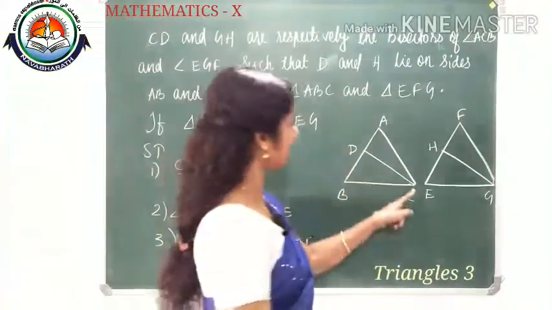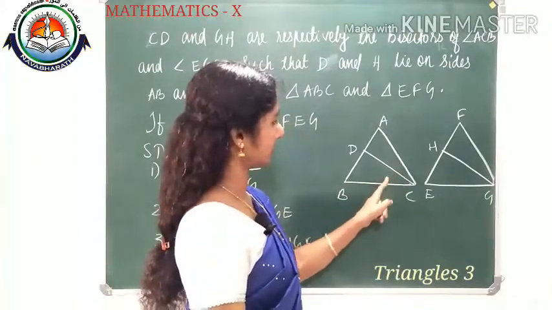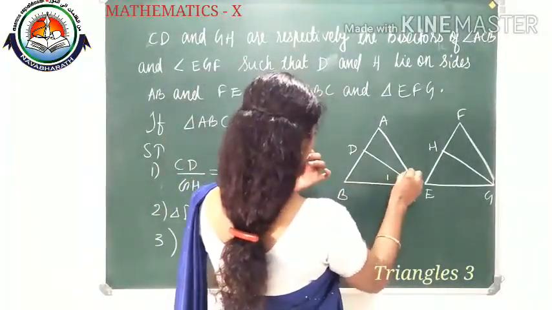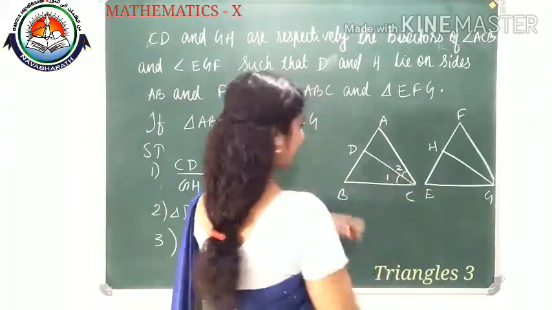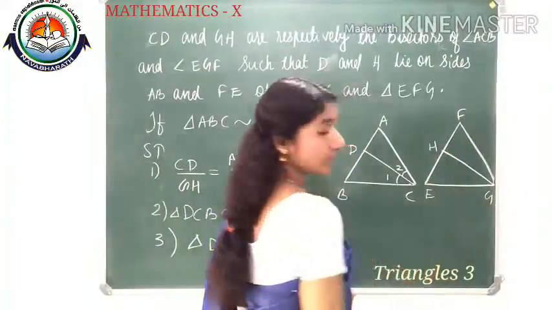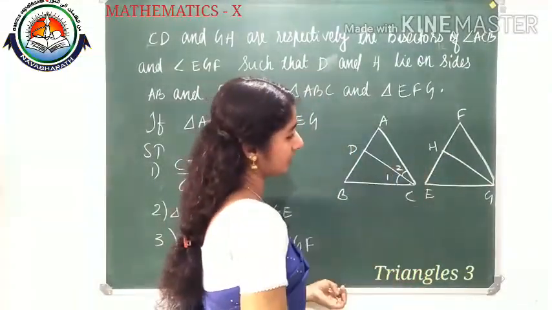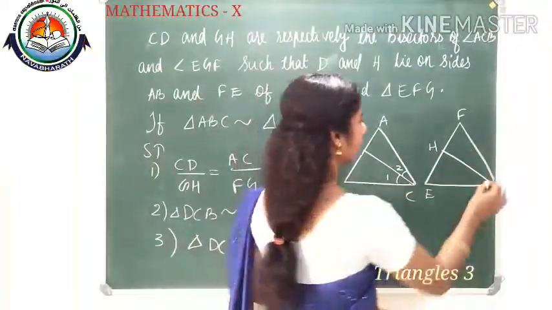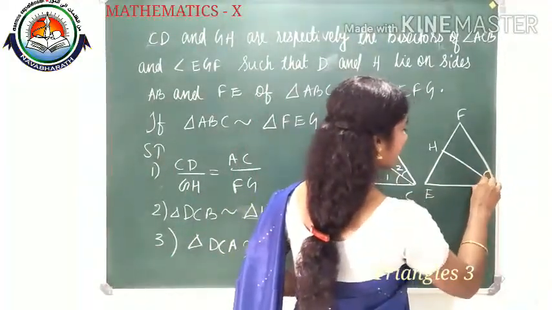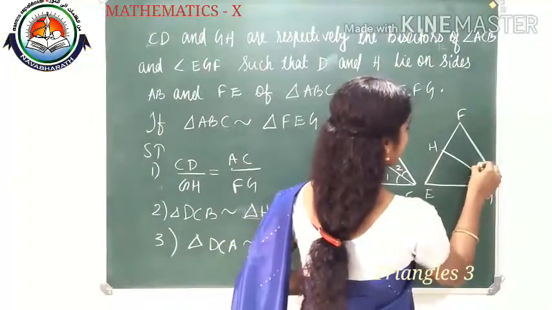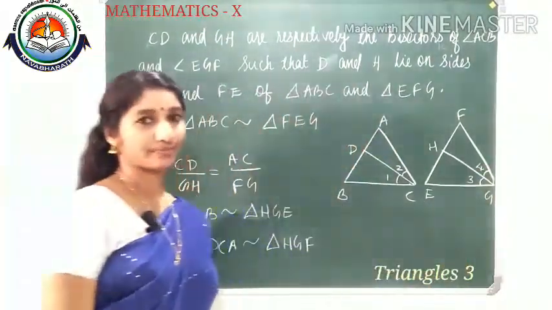So ACB's angle bisector is CD. So we can write, if this is angle 1, this is angle 2, we have angle 1 equal to angle 2. Same way GH is the angle bisector of angle EGF. So here also these two angles are equal since GH is the angle bisector. So we can write this is angle 3 and this is angle 4.